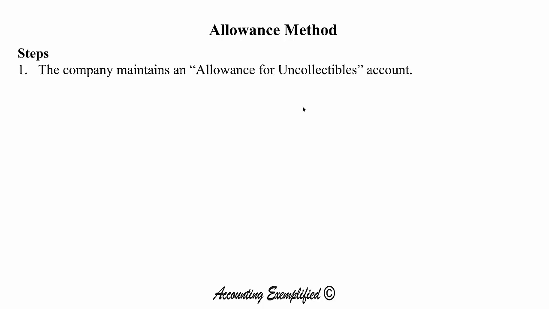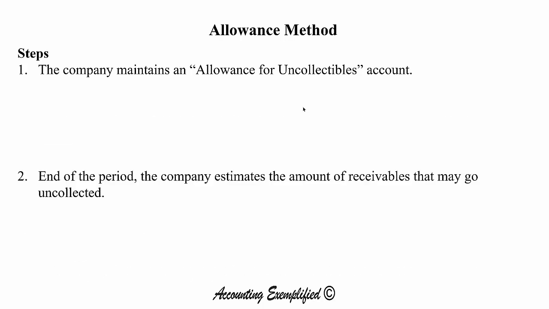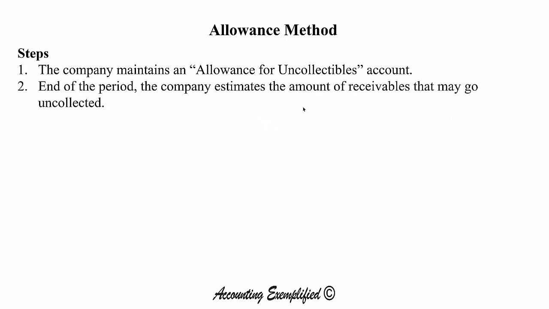Now, what are the steps involved in using the allowance method for accounting for the uncollectible receivables? First, you should know the company maintains an account called Allowance for Uncollectible Accounts. At the end of the period, the company will estimate the amount of the receivables that may go uncollected.